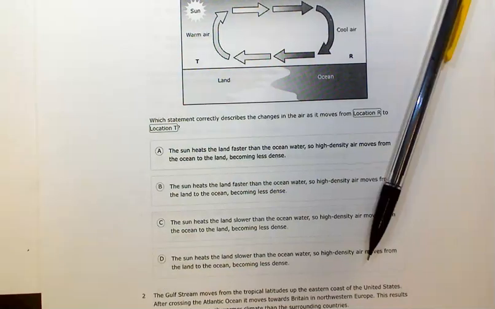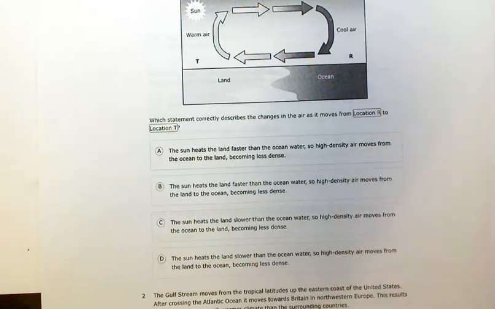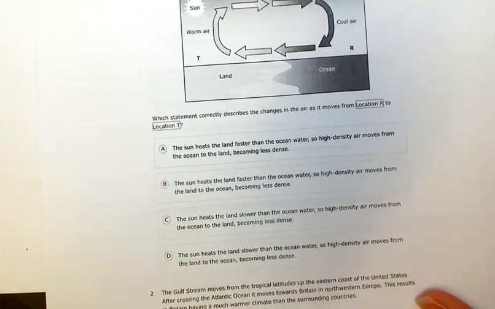My little report said I missed number 1 and that I chose D. I'm just going to take a pencil. I don't need to obliterate it, just a single mark through D so that I know that that's what I picked the first time and that I don't want to pick it again.